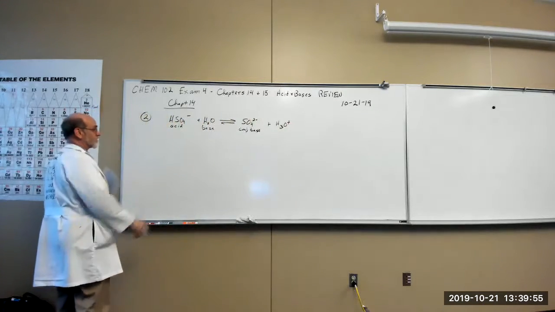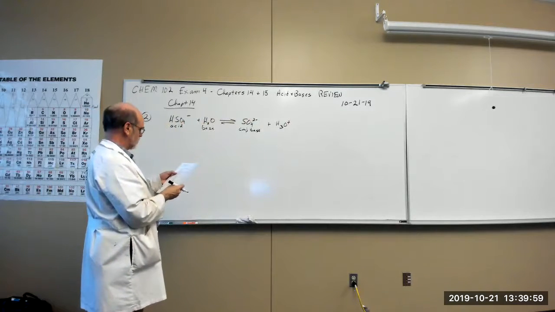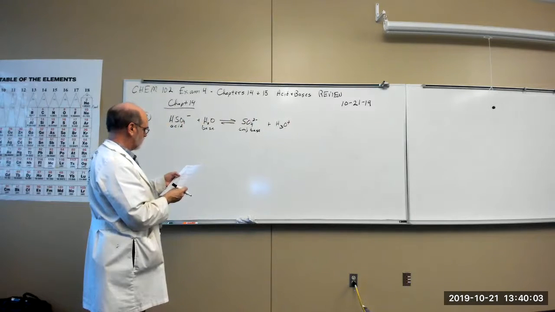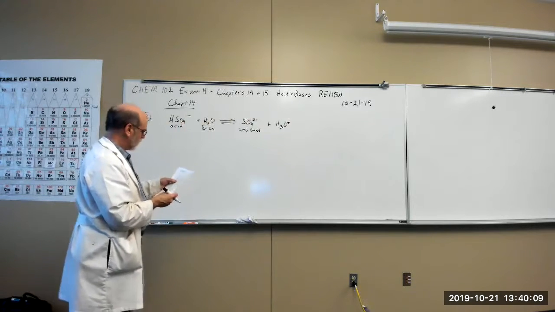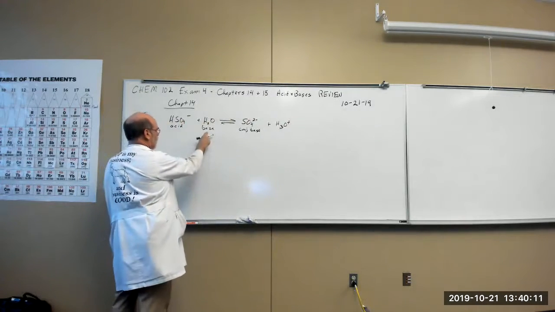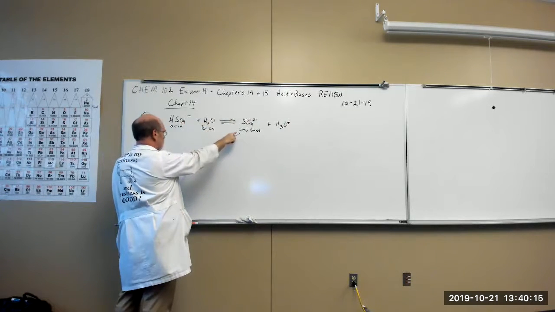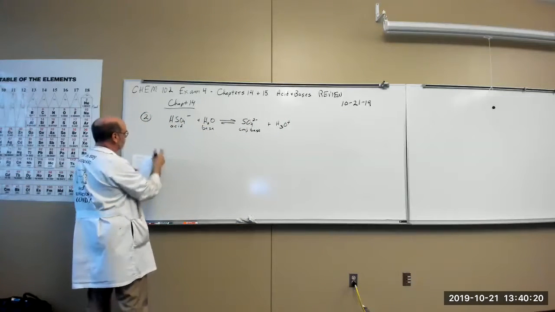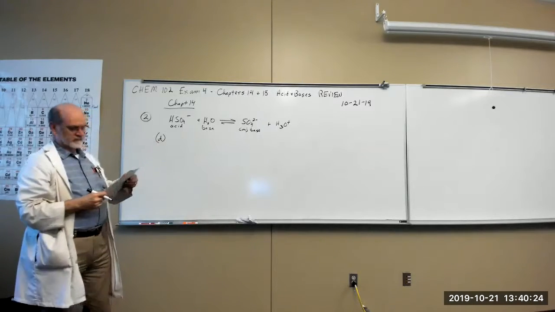So based on the definition, that's the one we're looking for. So let's see, which ones have water in them for the reaction? A and D. But which one gives us the right results? Well, in A, water is the acid because it donates a proton and makes sulfuric plus OH minus. So the only one that fits is D. Right?